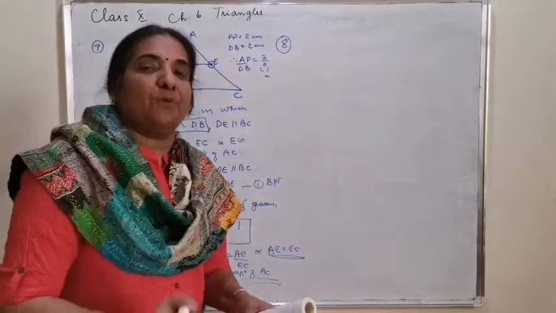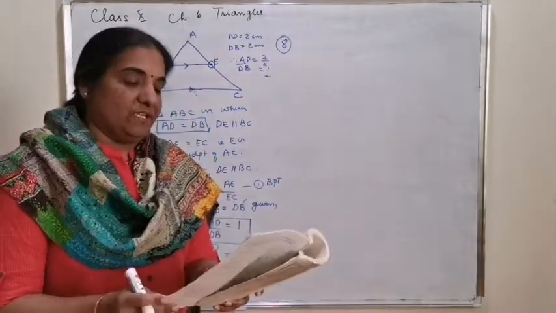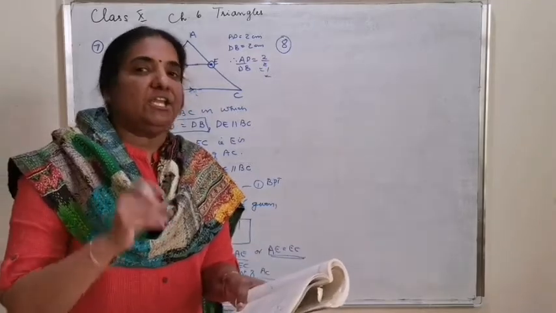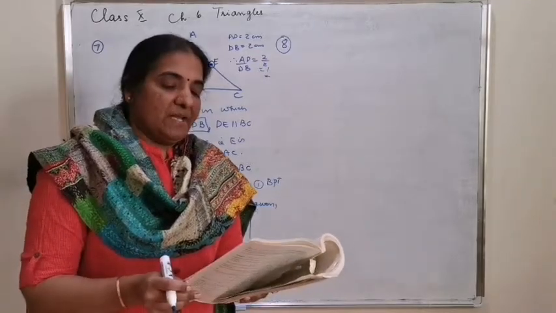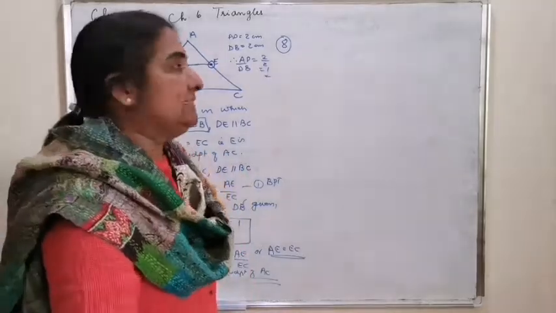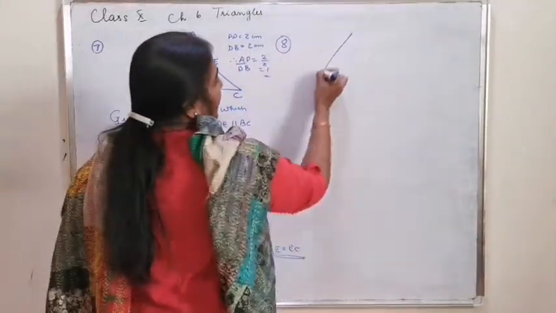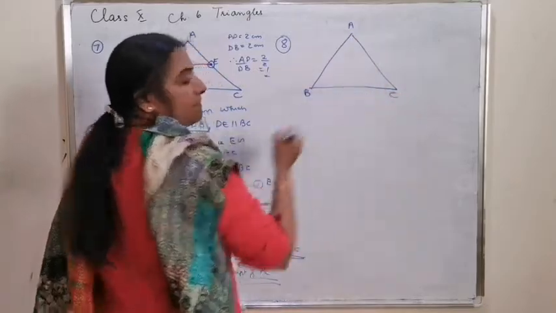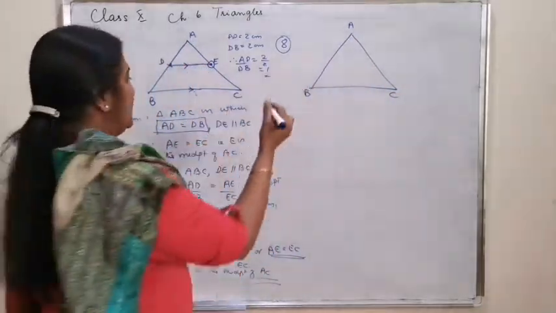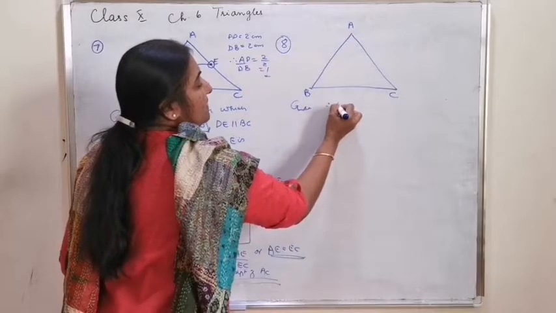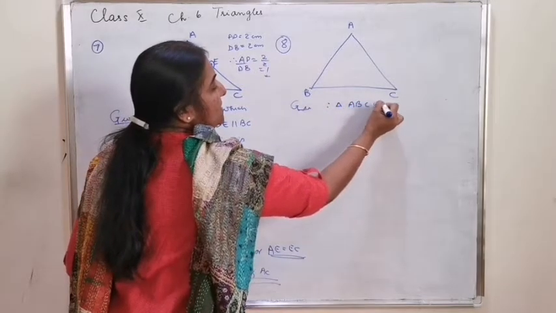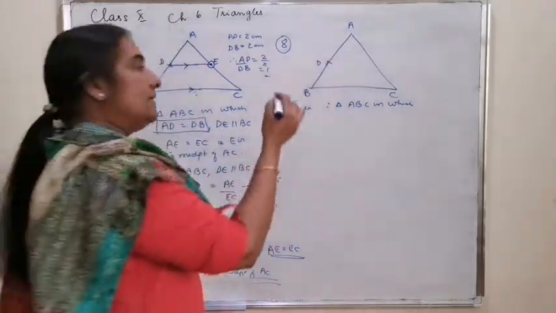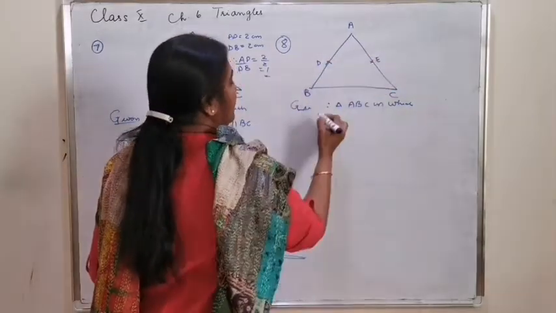Using theorem 6.2, that means using the converse, prove that the line joining the midpoints of any two sides of a triangle is parallel to the third side. In the 8th question, the given condition is ABC is a triangle in which D is also a midpoint, E is also a midpoint.